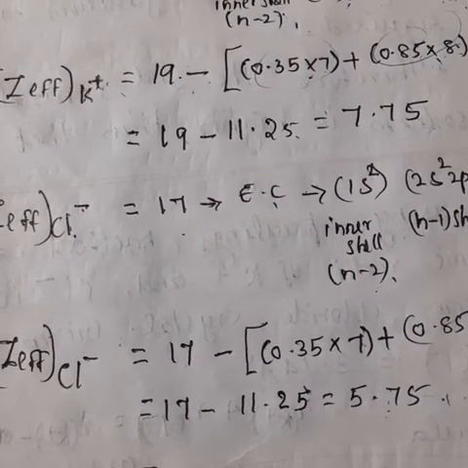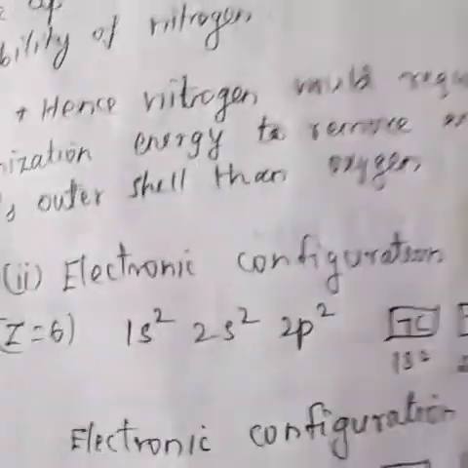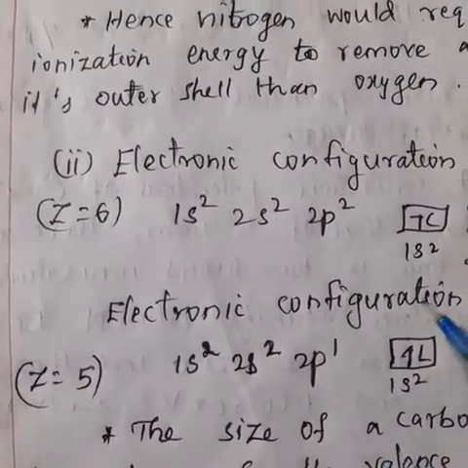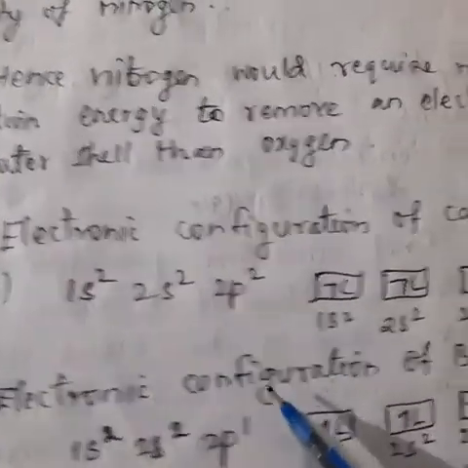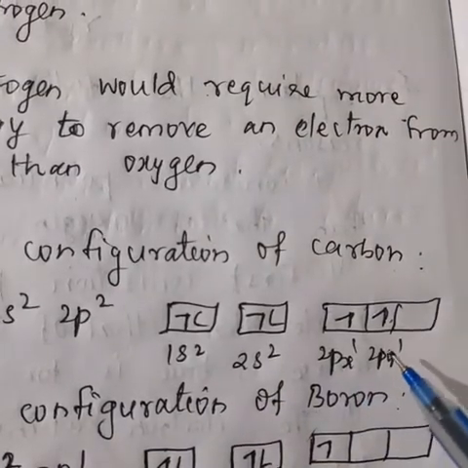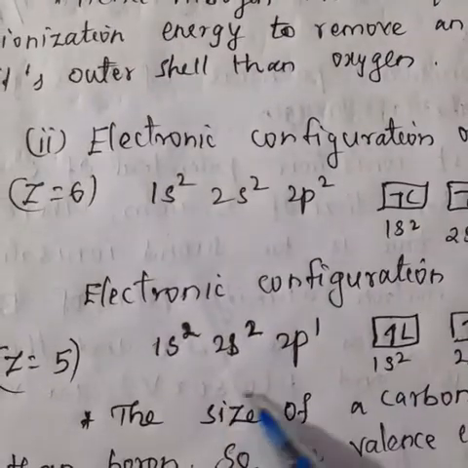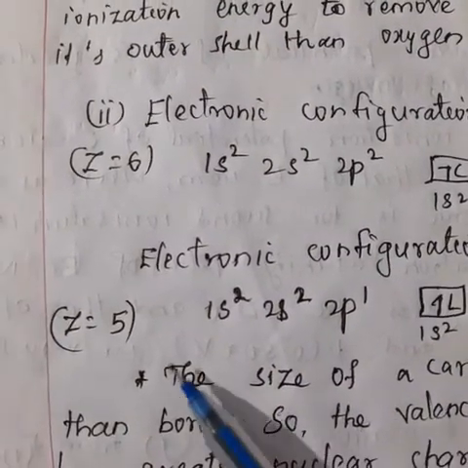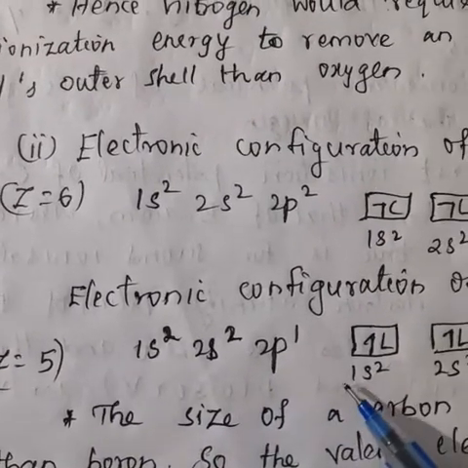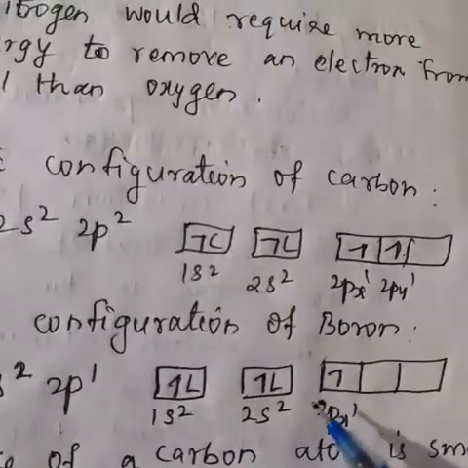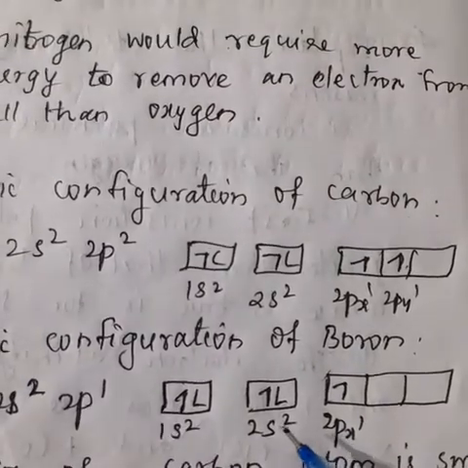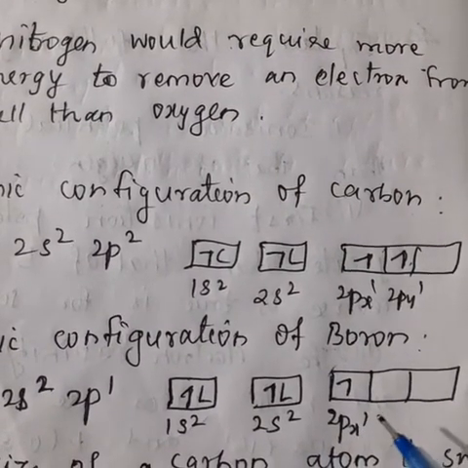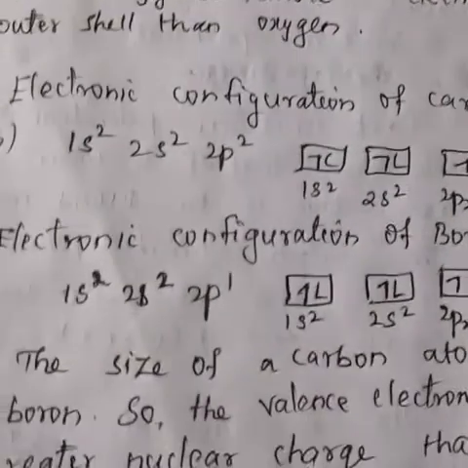Electronic configuration of carbon: atomic number 6, so 1s2 2s2 2p2. This is the orbital diagram. Like that, electronic configuration of boron: atomic number 5, 1s2 2s2 2p1. This is the orbital diagram. The size of the carbon atom is smaller than boron.